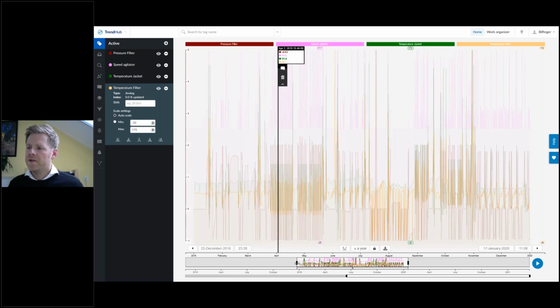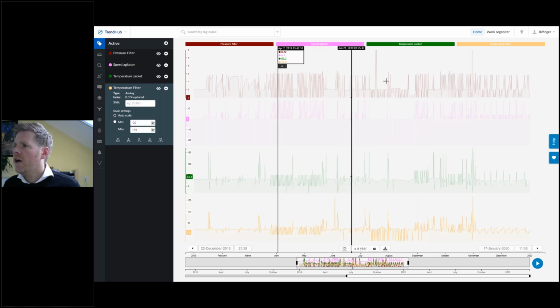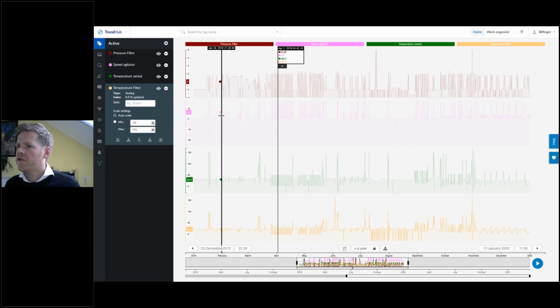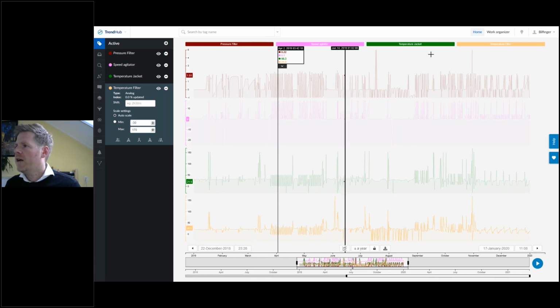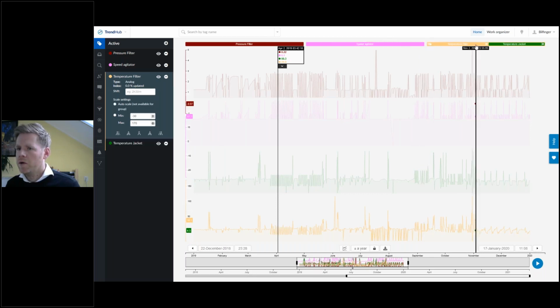So what we see here now is 1 year of sensor data. The sensors are now all in one plot, but I'd like to show a stacked trend. It looks like this. So on the top we have the pressure of the filter. Then we have in pink the speed of the agitator. And at the bottom are the temperatures, and I'd like to combine these in one graph.